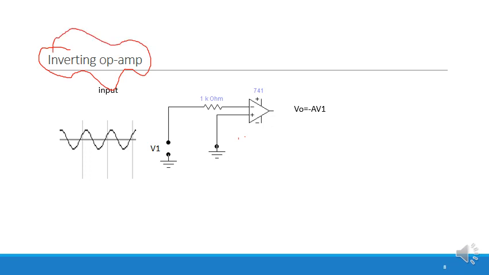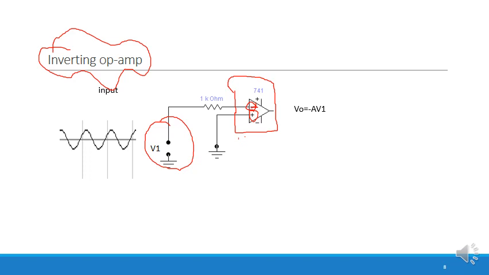Okay, in the last class you studied that this is called the inverting input and this is called the non-inverting input. This is the symbol for the operational amplifier. In the inverting operational amplifier, what happens? The input is given to the inverting terminal.